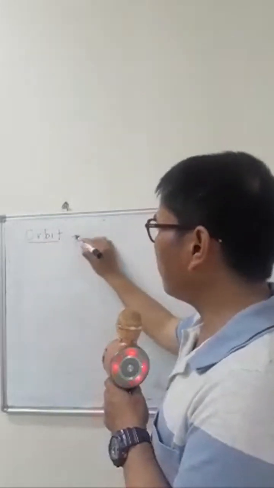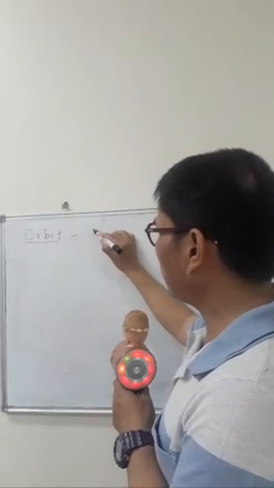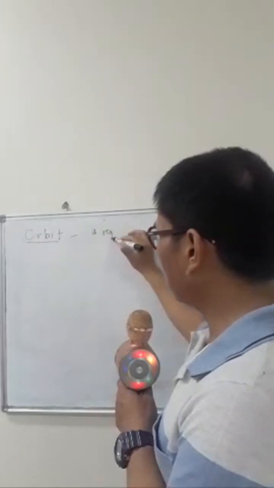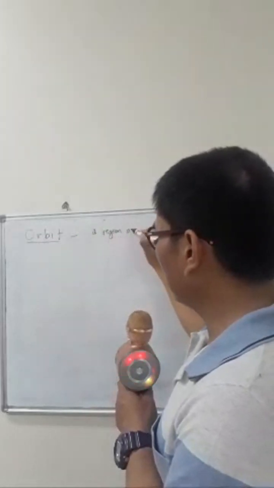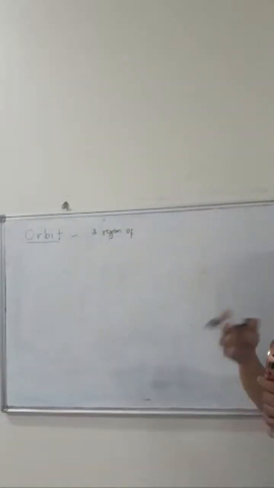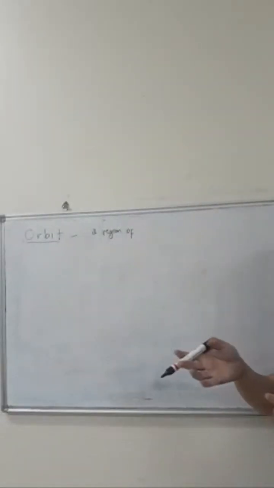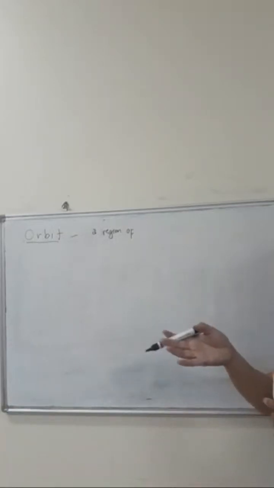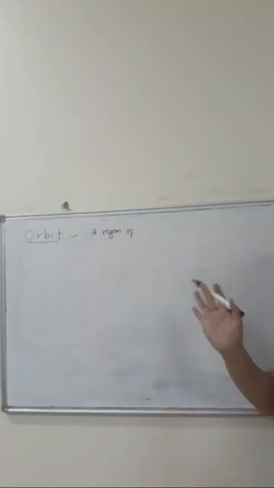Orbit. An orbit is a region of space. Especially in the quizzes. For example, if you represent your school in a chemistry quiz or science quiz bowl, you should remember this type of question.